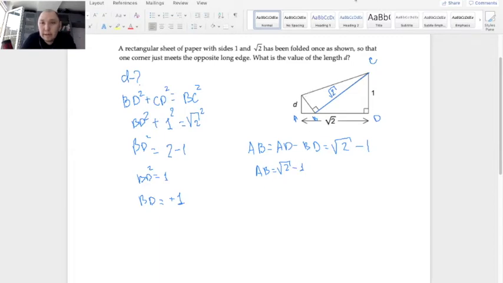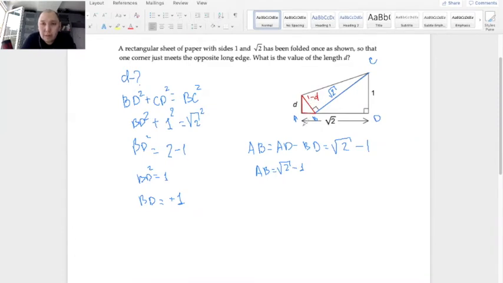So let us consider this little triangle now. I will change the color to red. We know that the length of AB is square root 2 minus 1, we call the unknown side D, and the rest of this side is 1 minus D. That will help us to make an equation.